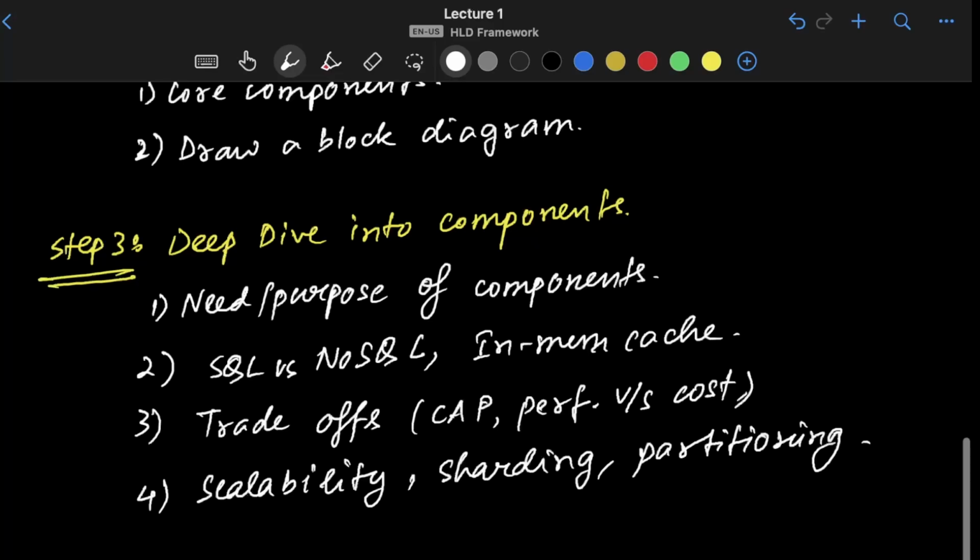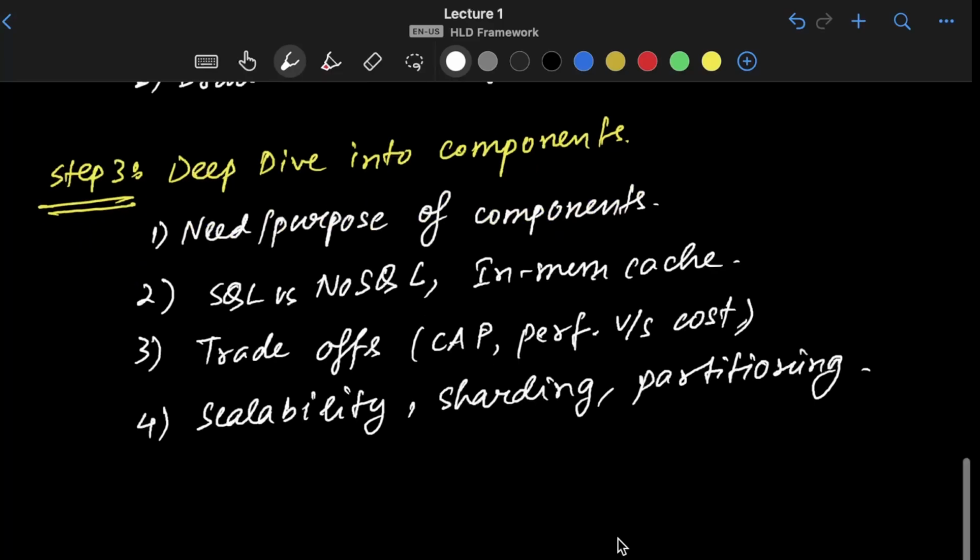Once all these things are done, you have mostly covered most of the things in your components. If the interviewer wants to dive deep into a single component, like the details of a cache: what is a cache, where will you place the cache, what kind of caching strategy, what are the different types of caching strategy, write-through, read-through, etc., and how will you maintain data consistency in the cache.